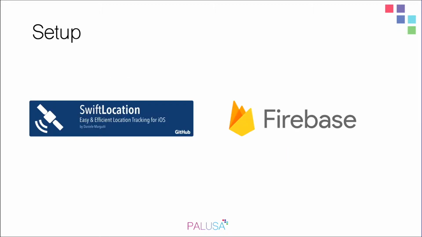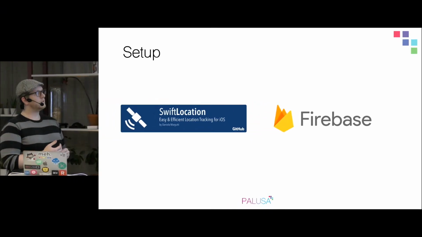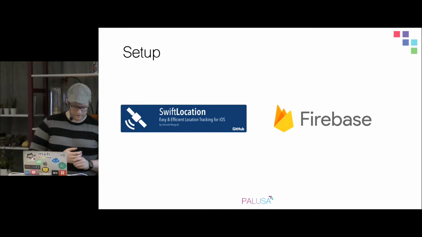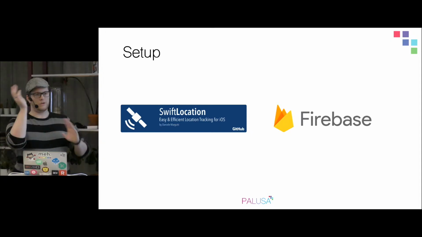So I decided on doing a setup using a third-party library called Swift Location. This was because I wanted to get started fast, and I didn't want to start with looking into all the location service thingies and how you fetch everything.